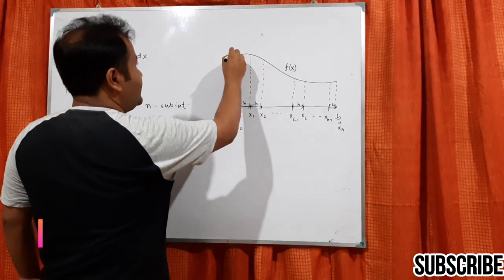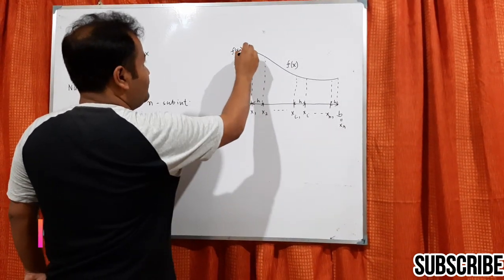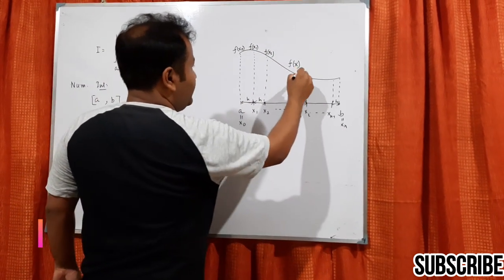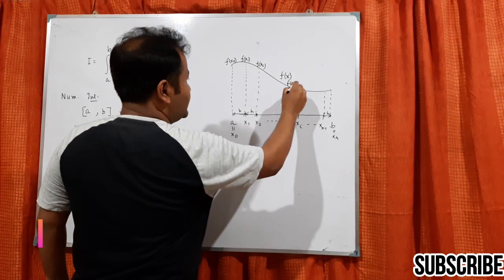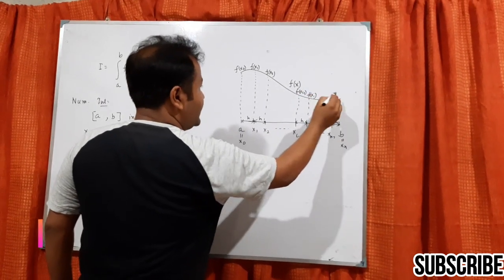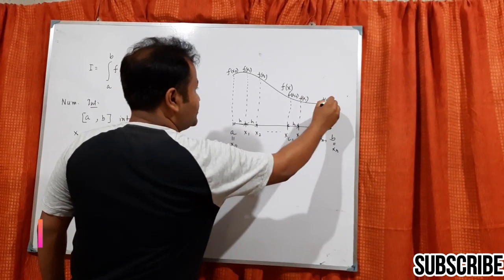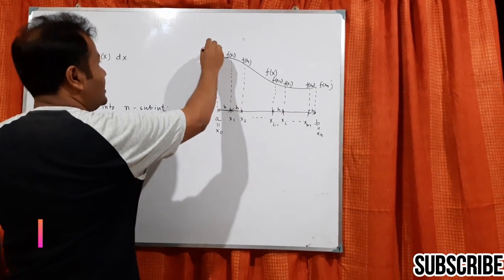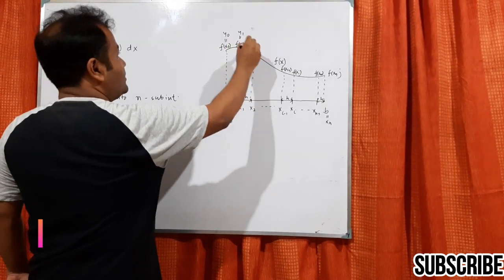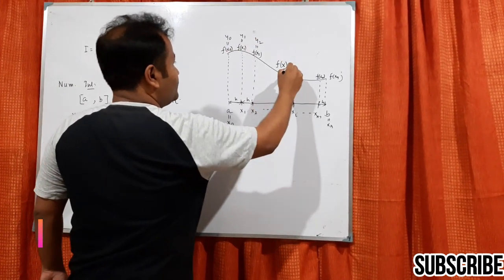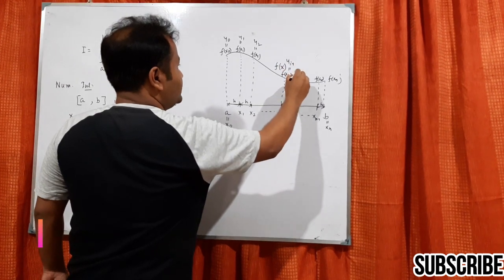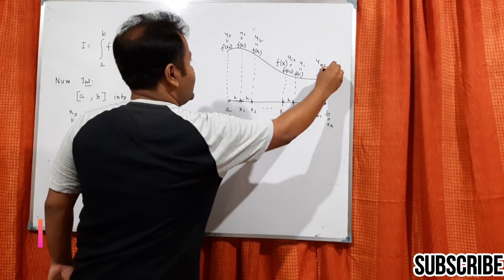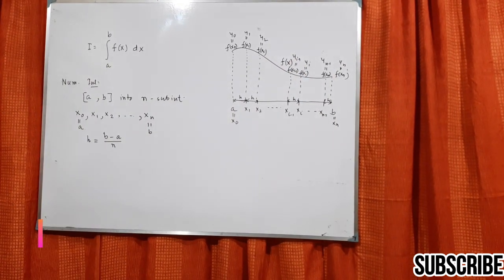This will be f of x naught, this will be f of x1, this will be f of x2, this will be f of xi minus 1, this will be f of xi, this will be f of xn minus 1, and the last one will be f of xn. Now f of x naught we can write as y naught, y1, y2, yi minus 1, yi, yn minus 1, yn. So I think you can understand this one.